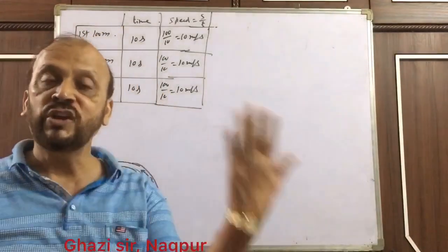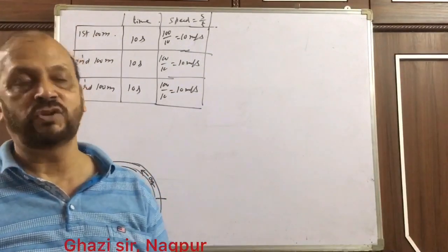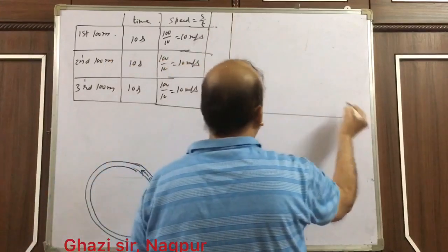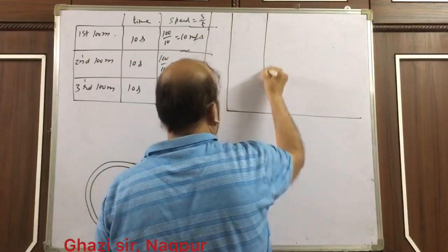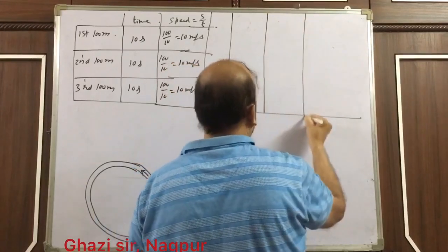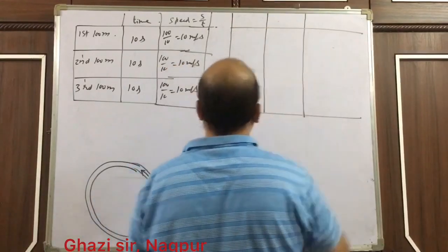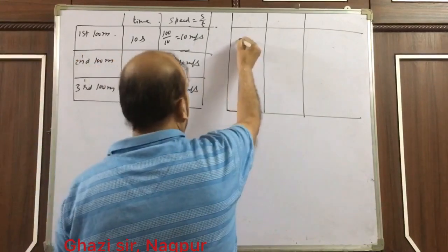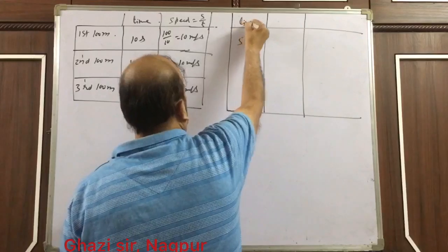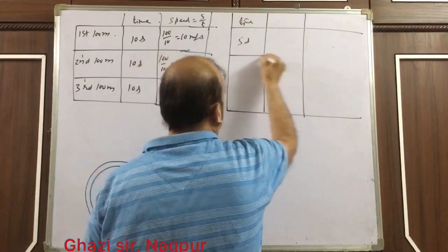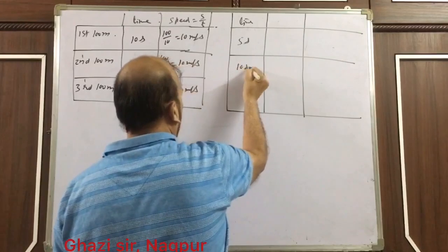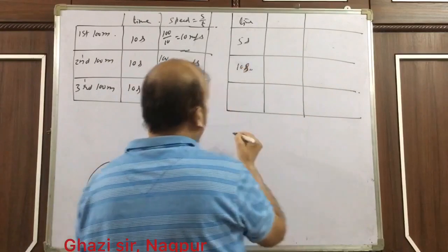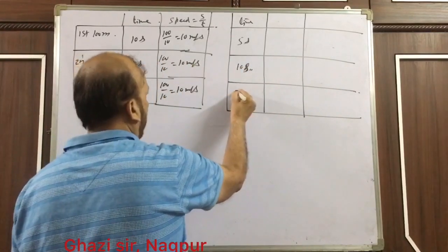But suppose if he is changing the time, then speed will change. For example, suppose the first lap he takes 5 seconds. Second lap suppose he takes 10 seconds. And third lap he takes 15 seconds.